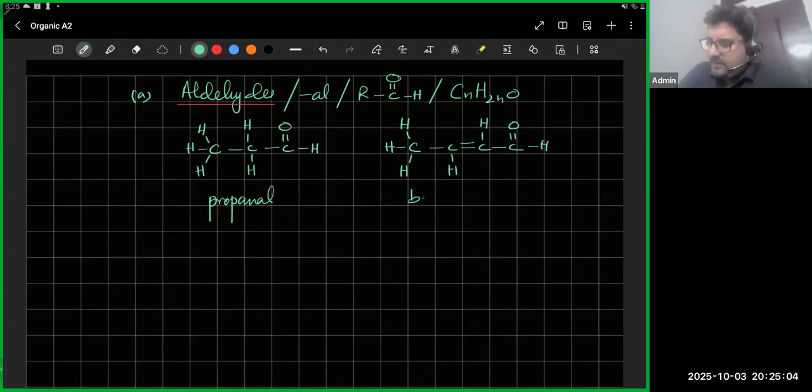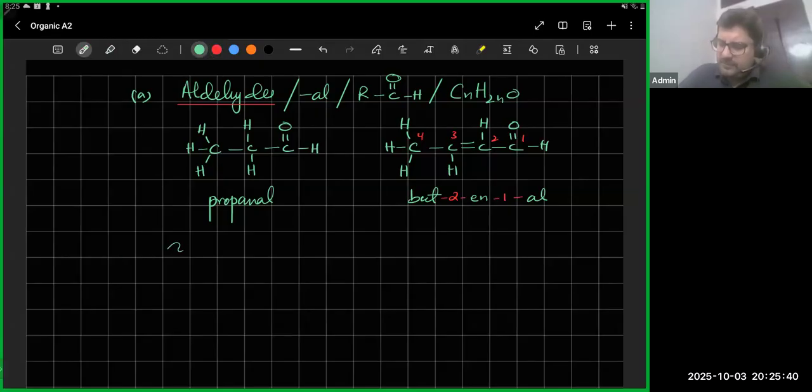This one would be called but-2-enal. Instead of -an, it's going to be -en, it's not going to be -an, and it's an aldehyde, so it's going to be -al. The aldehyde normally is at position number 1. I'm going to talk about counting later on. The double bond is at position number 2, and the aldehyde is at position number 1, which you don't really have to mention. If you do mention it, there's no problem, but normally you don't.